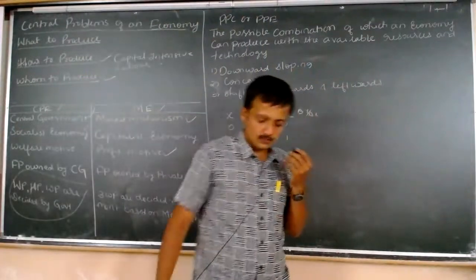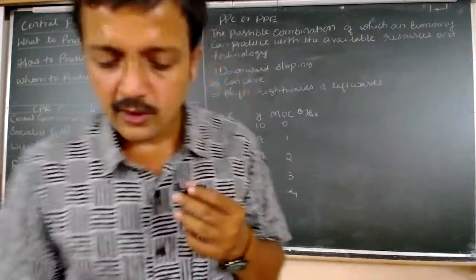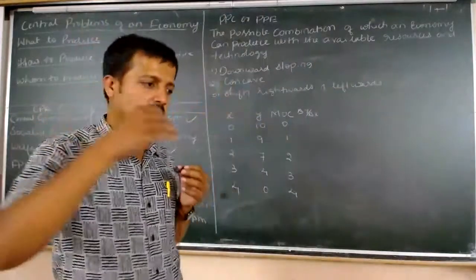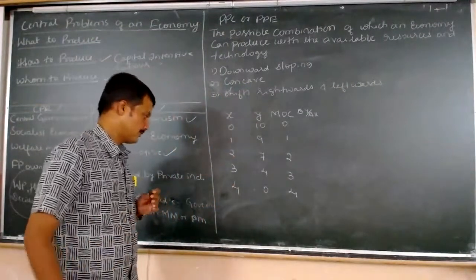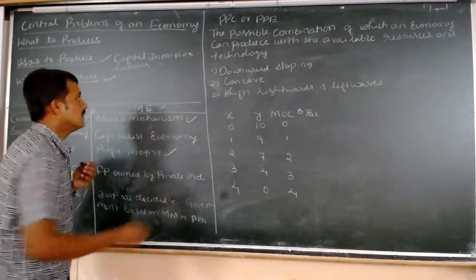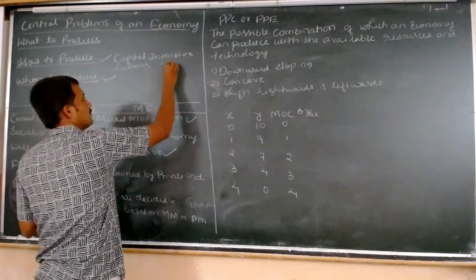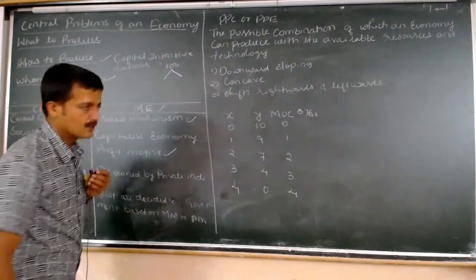Okay, now let me tell you an example in order to understand the production possibility curve. Assume that you have 100 rupees income. How much income? 100 rupees.